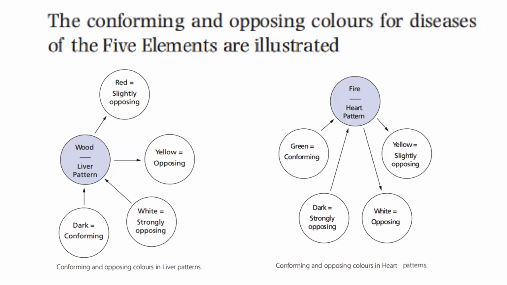Okay, now in wood, as in liver pattern, red is slightly opposing, yellow is opposing, white is strongly opposing, and dark is conforming. In fire element, as in heart pattern, yellow is slightly opposing, white is opposing, dark is strongly opposing, and green is conforming.